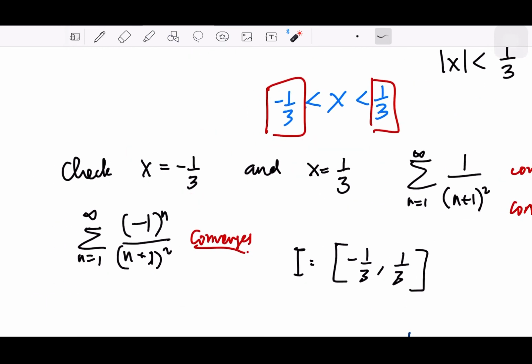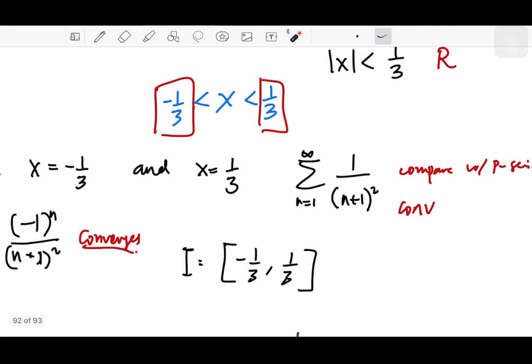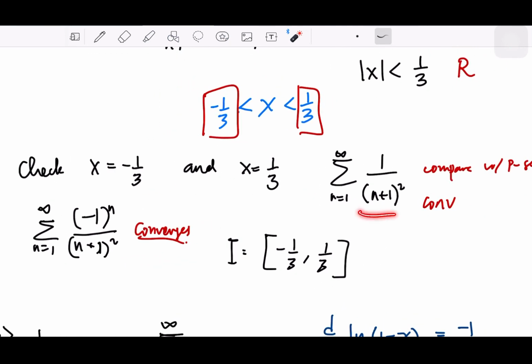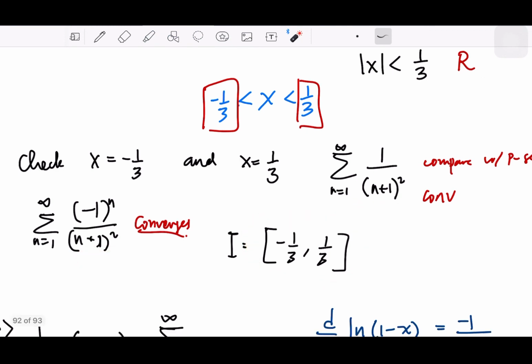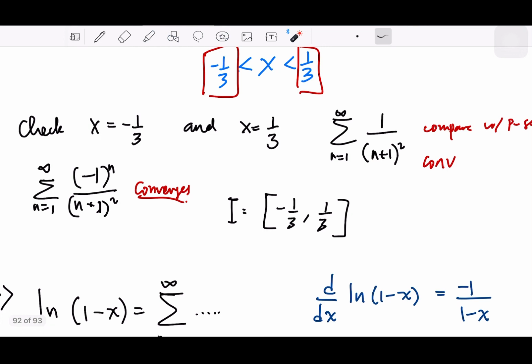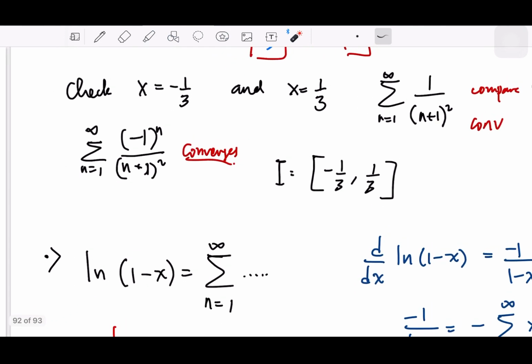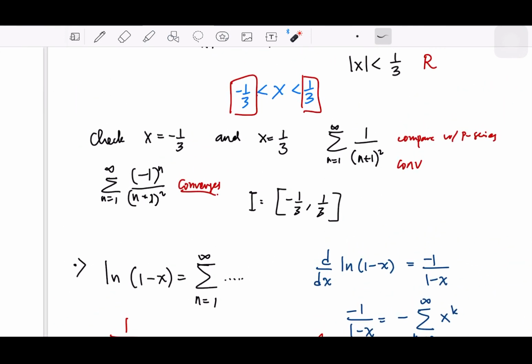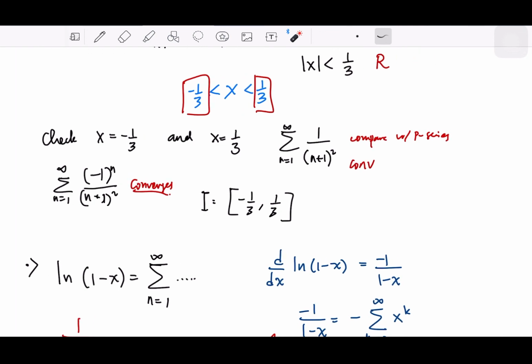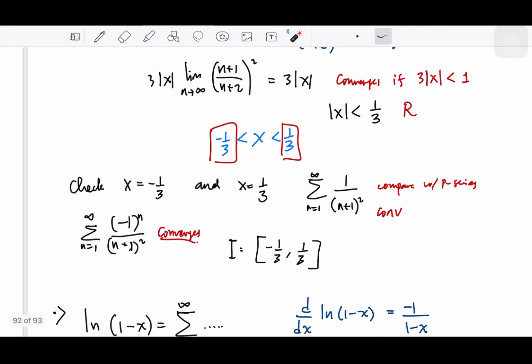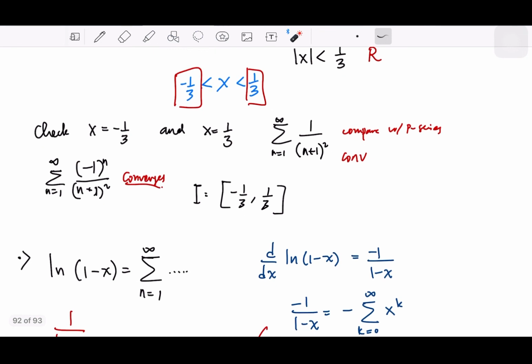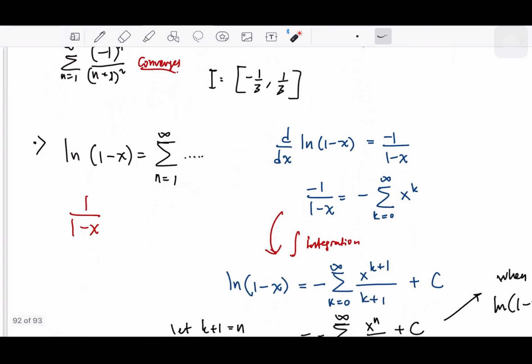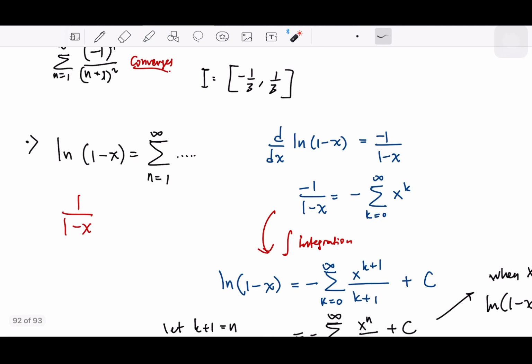Then we conclude that because both of them converge, our interval needs to include both negative and positive 1/3. You can rewind and pause the video to observe the answer, or maybe to take notes.